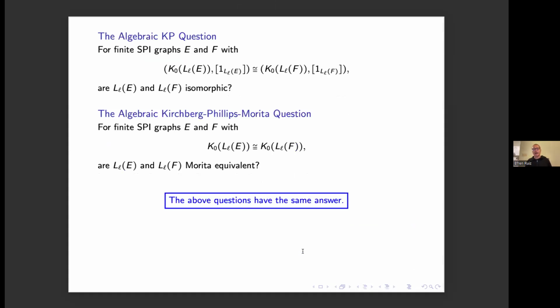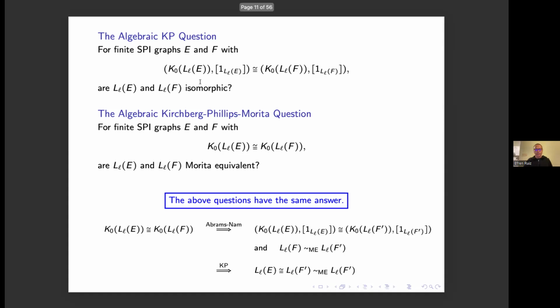This is what I call the algebraic Kirchberg-Phillips Morita question. I just removed the class of the unit, and we ask: whenever the K0 groups are isomorphic, will the Leavitt path algebras be Morita equivalent? I've already given you the argument for this direction: if we have the algebraic Kirchberg-Phillips Morita question, then you get the normal one with the unital version.